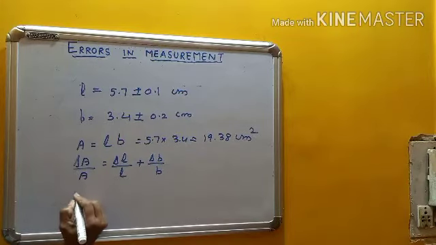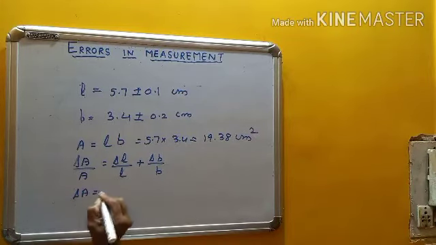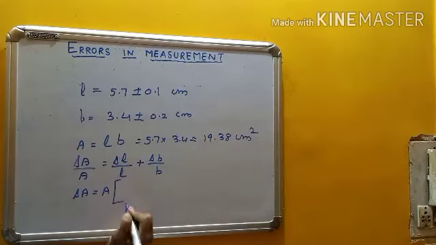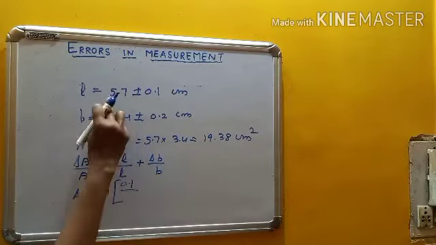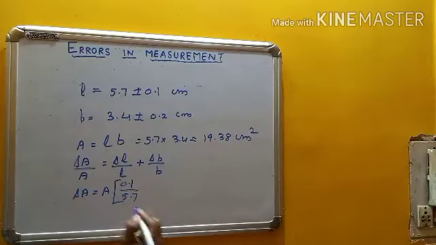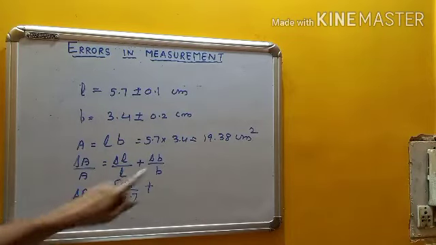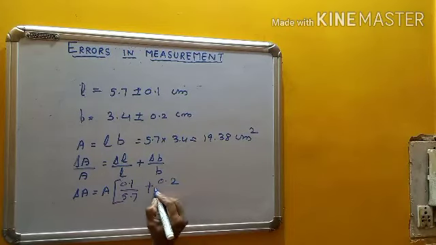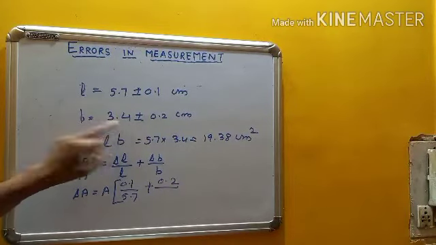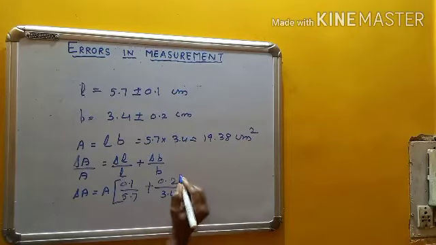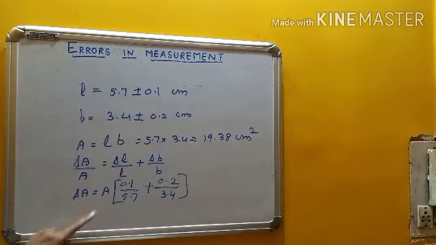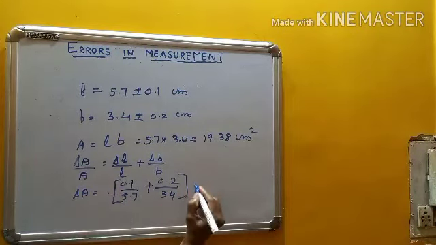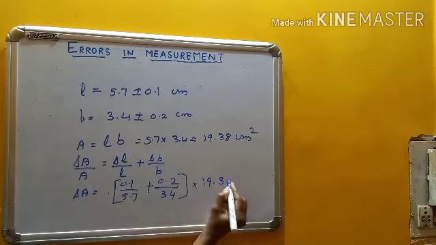So delta A, we have to calculate as area A into delta L by L. What is delta L here? 0.1 divided by the true length, that is 5.7, plus delta B by B. What is delta B given? 0.2 divided by the true value of the breadth, which is 3.4. And the area we have already calculated, so you can substitute it as 19.38.